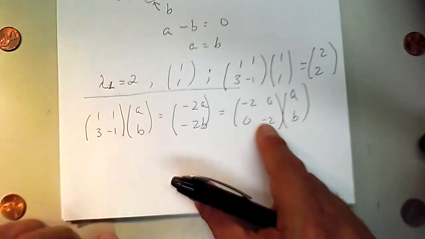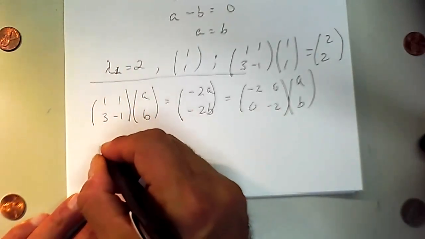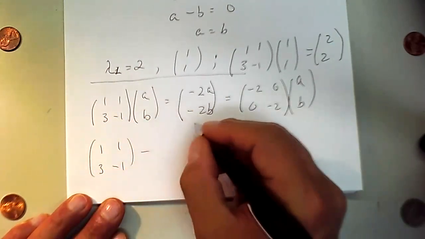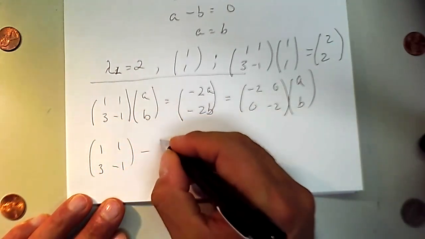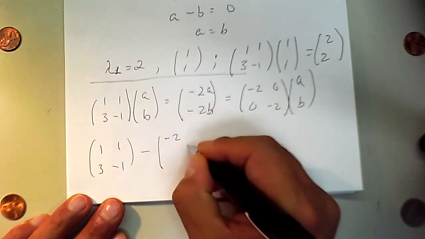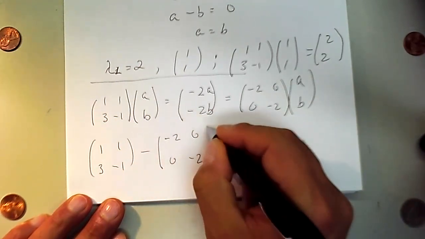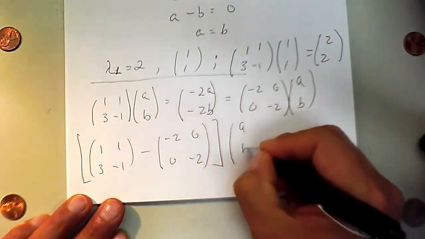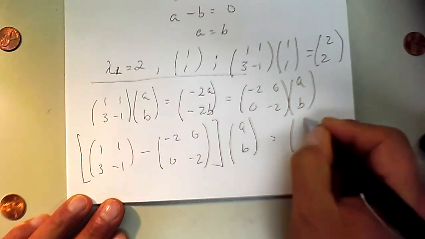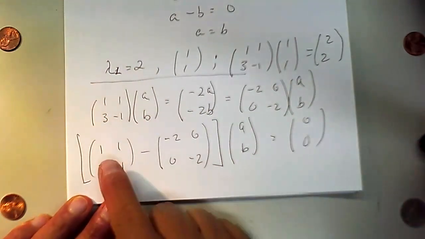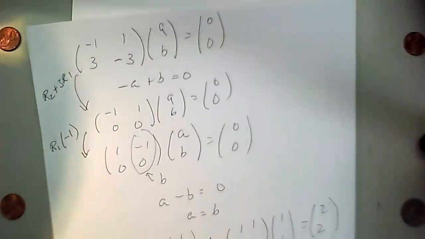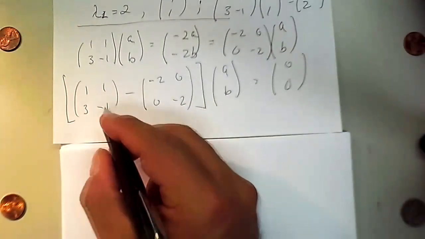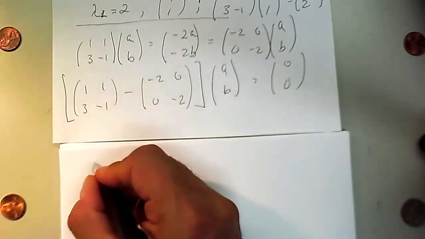Let me do that. So we have 1, 1, 3, -1, and then when we subtract, we can factor out A, B minus -2, 0, 0, -2, still times A, B. Now, when we subtract, we end up with 0, 0. And then we just do the subtraction here. We end up with 1 minus -2, 3.